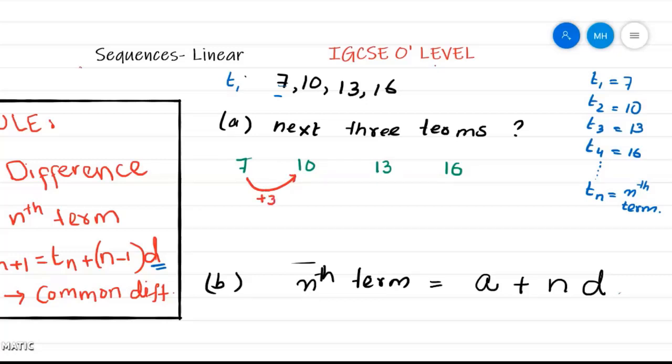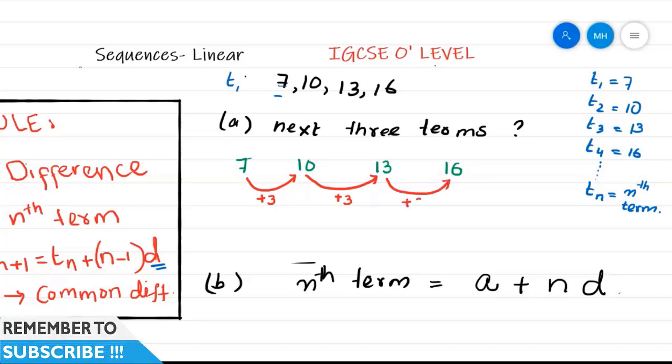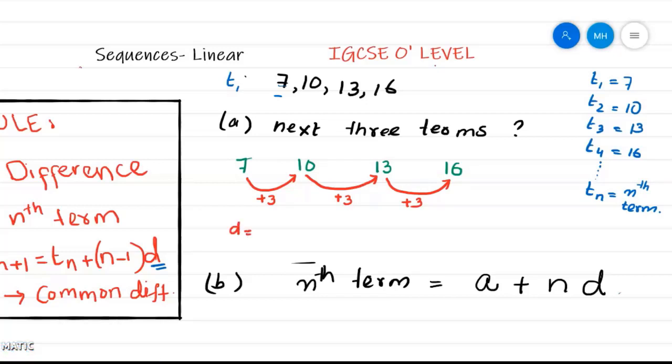Again from 10 to 13, or when you move from the second term to the third term, you have to add 3, plus 3. Similarly, when you move from the third term to the fourth term, you have to add 3. So D, the common rule for this sequence, is plus 3, right?